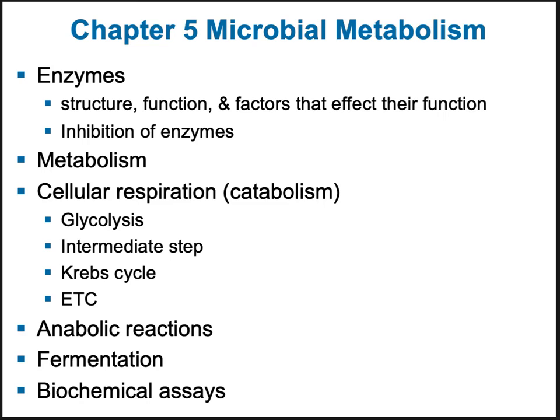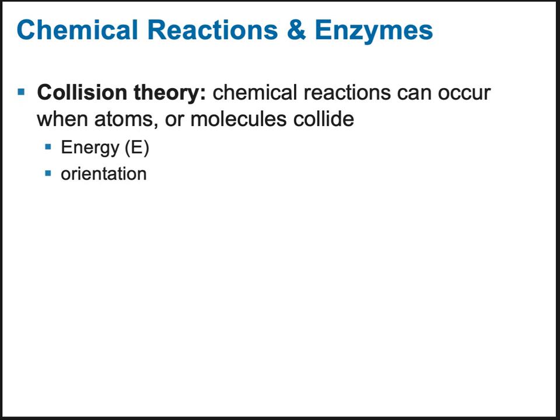Before we can talk about metabolism, we need to have an understanding of enzymes, so we're going to start with enzymes. All right, so collision theory states that in order for chemical reactions to occur, atoms or molecules must collide, and they must do so with enough energy and the correct orientation to cause a rearrangement of stable electrons, right?